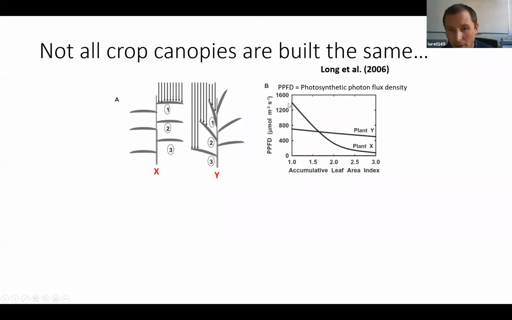This graph here shows how, if you look across the plant in terms of the accumulated leaf area, in plant X basically you're capturing all the photosynthetic photon flux density up here in the one leaf. When you get down to the other leaf areas of the plant, you have fewer photons being captured, all right? Whereas in plant Y, this shows that the PPFD is more uniformly distributed throughout this plant, okay?